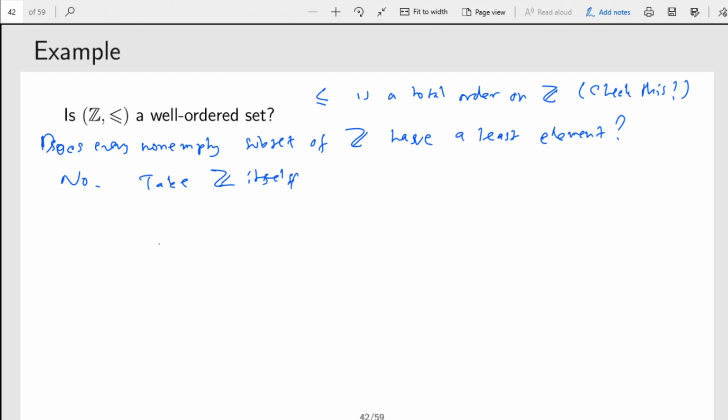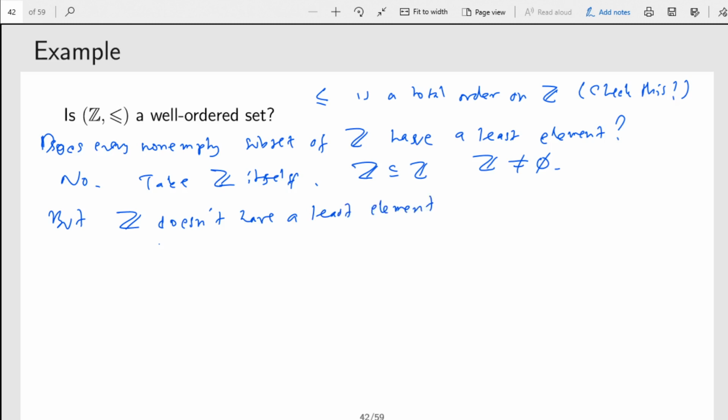Z is obviously a subset of itself and it's not empty. But Z, the set of integers, doesn't have a least element.